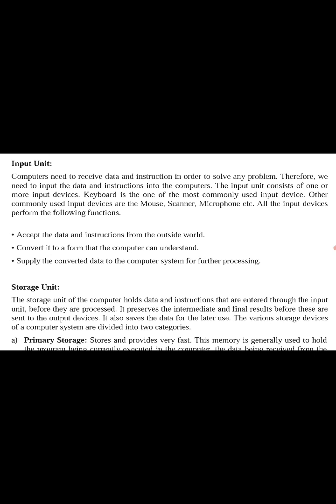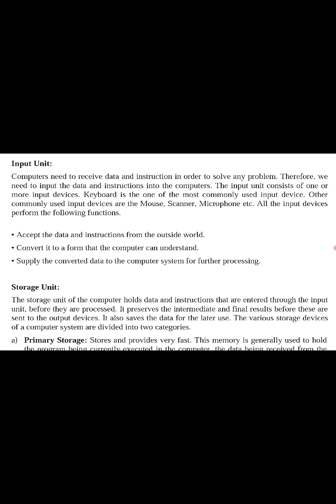The keyboard is one of the most commonly used input devices. Other commonly used input devices are mouse, scanner, microphone, etc. All the input devices perform the following functions: accept the data and instructions from the outside world, convert them into a form that the computer can understand, and supply the converted data to the computer system for further processing.